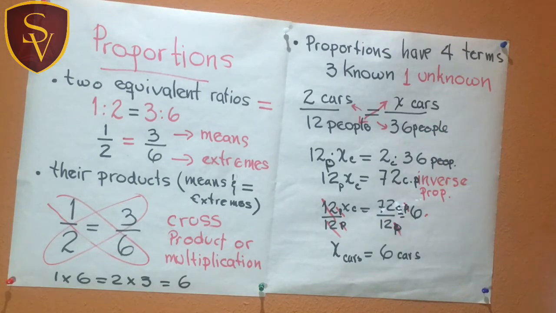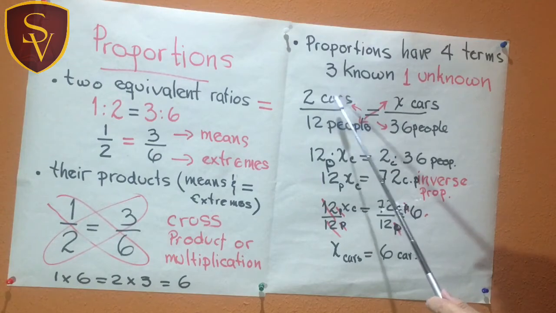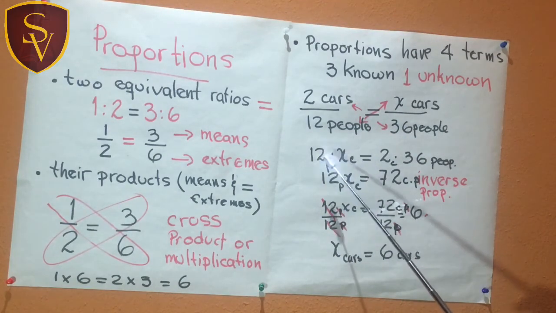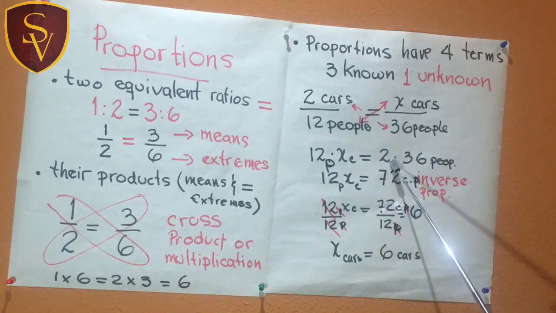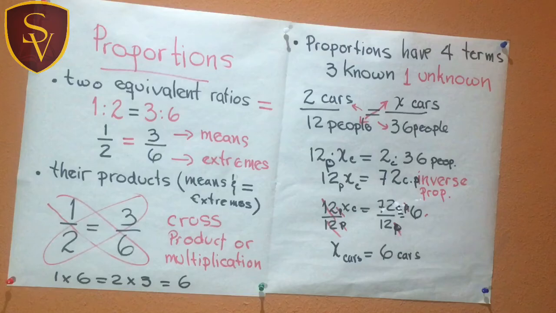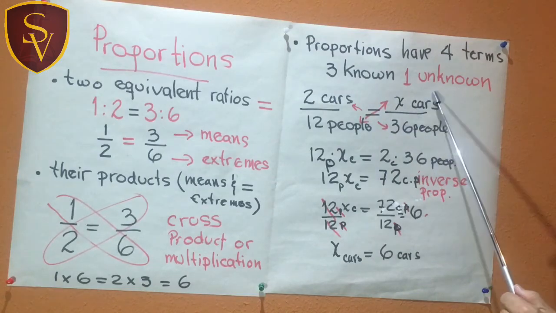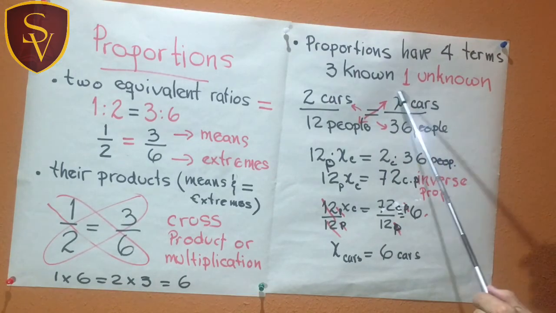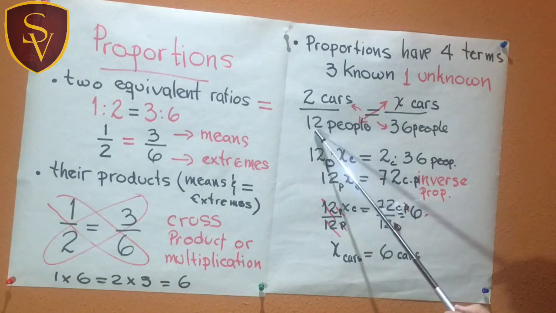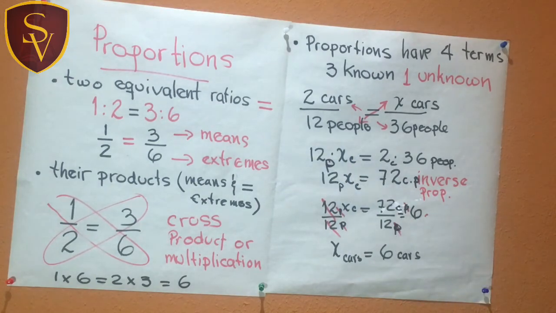Now I use the cross product multiplication: 2 cars times 36 people, and the number of cars that I don't know, which I call x, multiplied by 12 people.